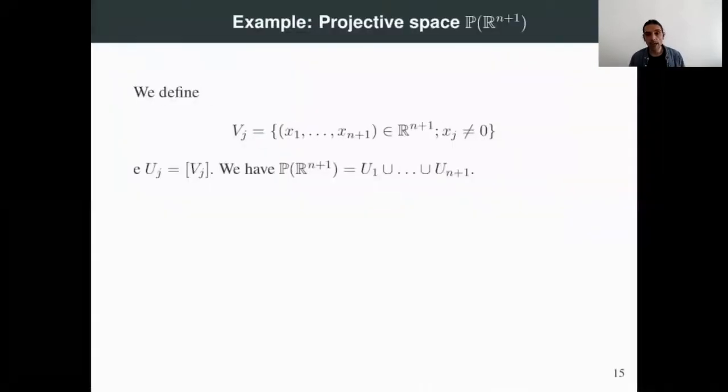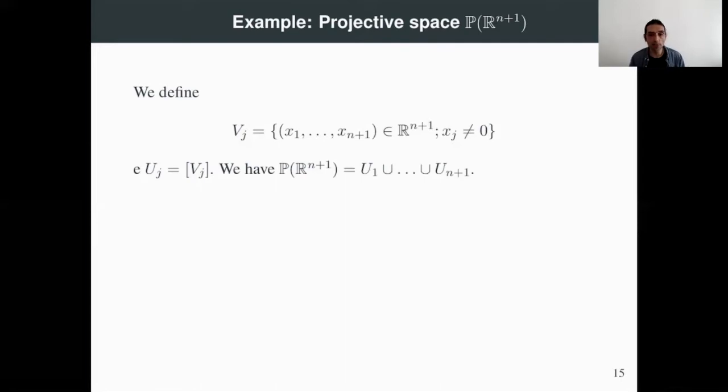We are going to define here the domains of the local charts. So we consider first n plus 1 open subsets of our Euclidean space. And V sub j, where j is going to vary from 1 to n plus 1, is going to be just the set of vectors whose coordinate of index j is different from 0.